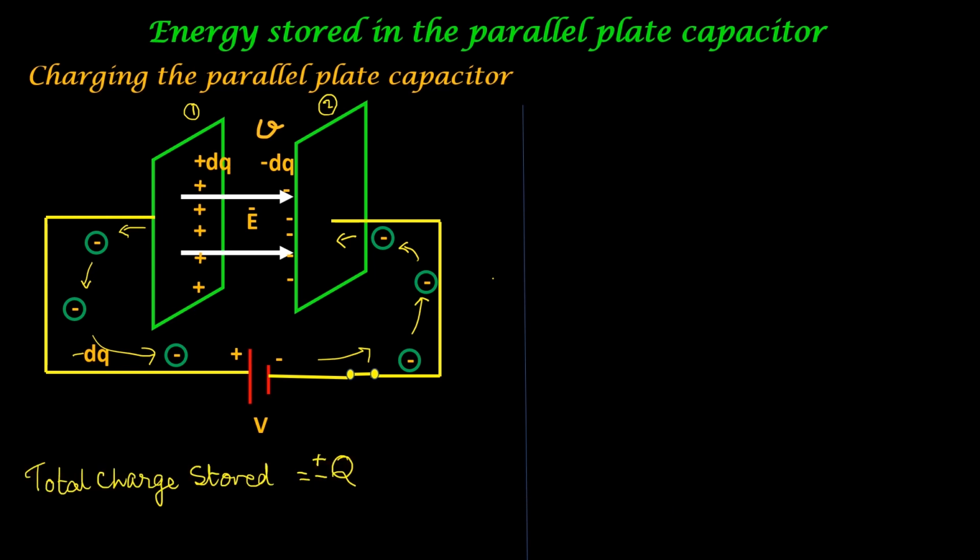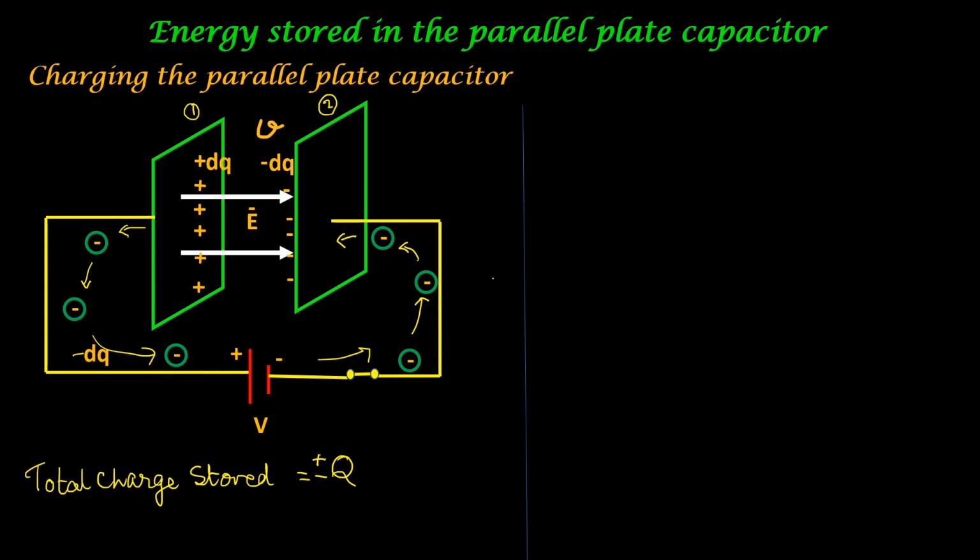The total charge on the two plates may be represented at this point of time as positive capital Q and negative capital Q on the positive and negative plates respectively. The total work done by the battery to shift total Q charge from plate number 1 to plate number 2 is stored as potential energy in the capacitor.